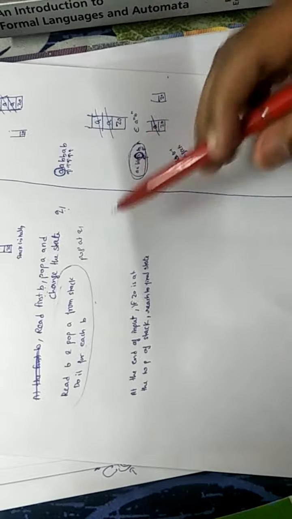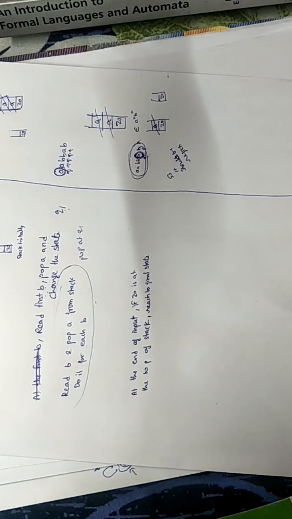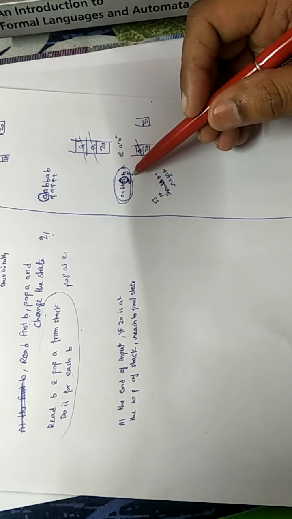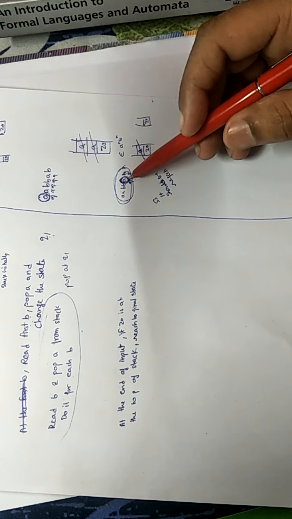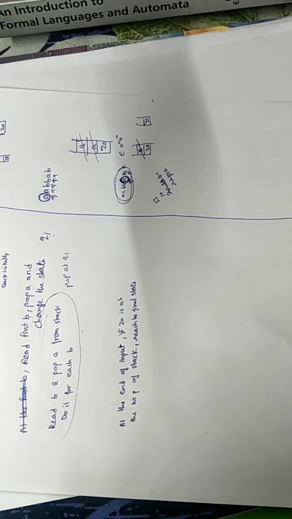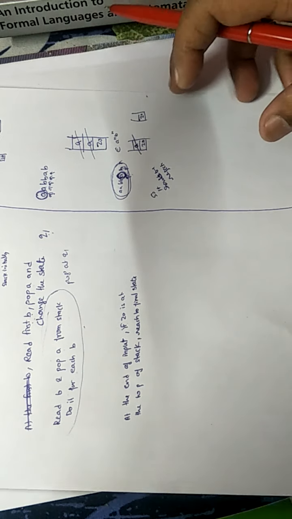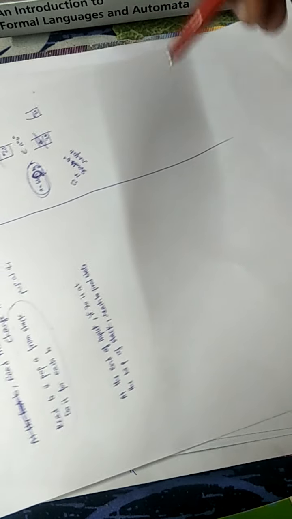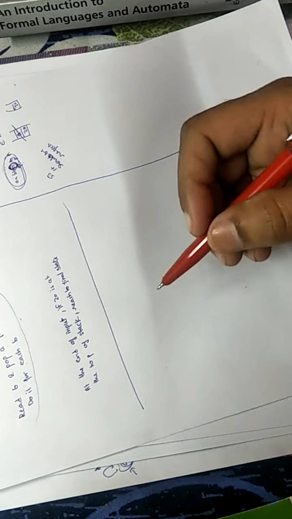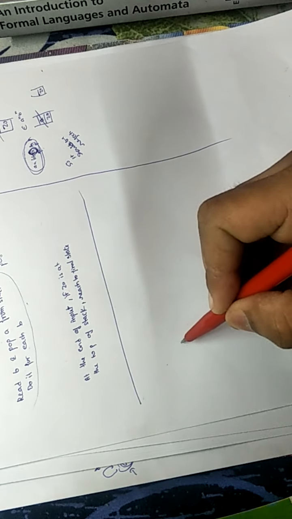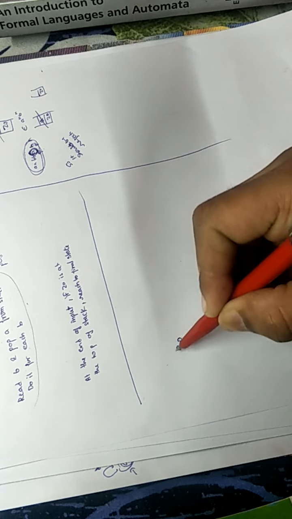So at Q1 there is no transition for this A, and it will be rejected by default. So we will design the pushdown automata as follows: we are at start state Q0.